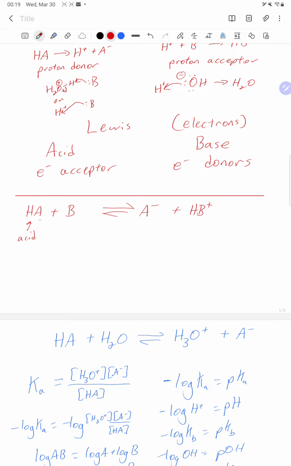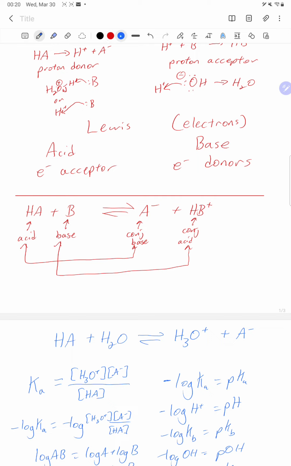There we go. This will be donating its proton, this will be accepting a proton, so this is the base. These will turn into conjugates of whatever you started with. So the conjugate of an acid is a base. So this is the conjugate base of this acid. And this base will turn into its conjugate acid. So acids become bases, bases become acids.